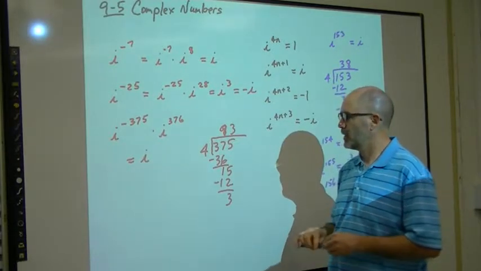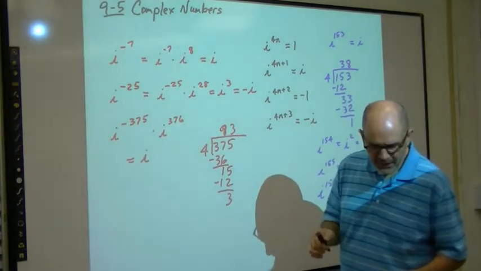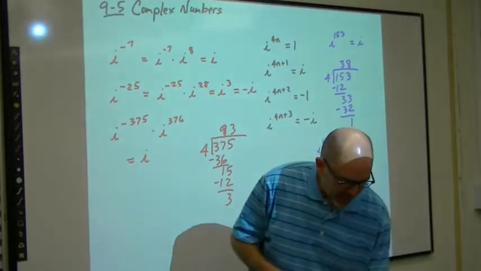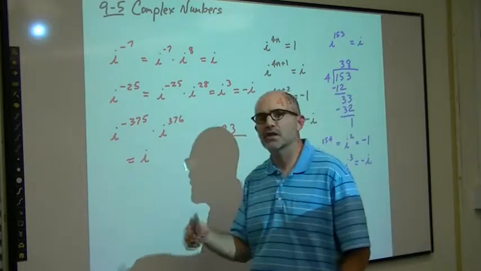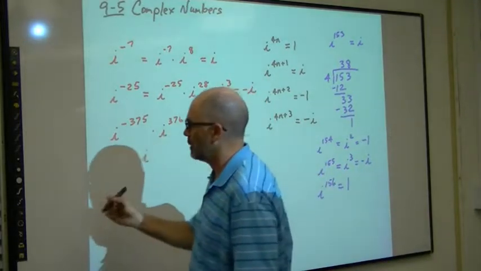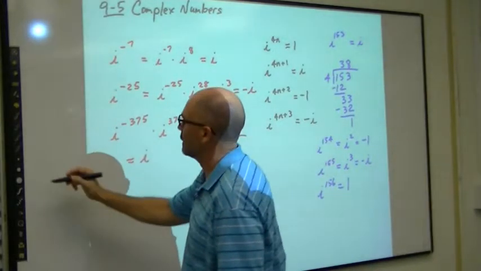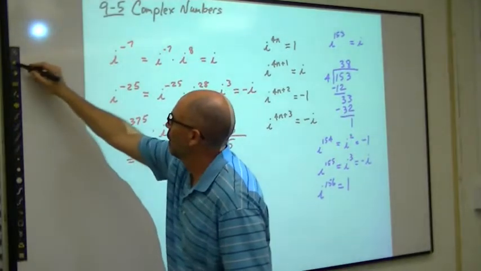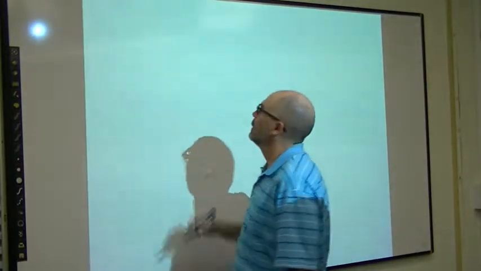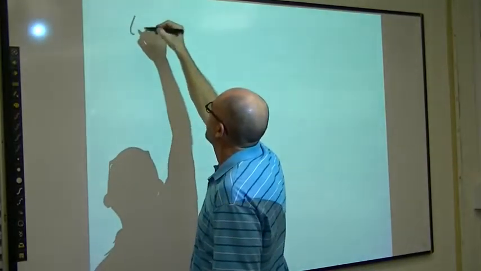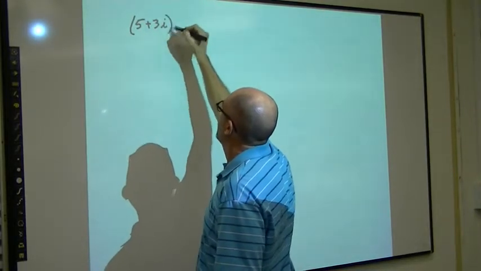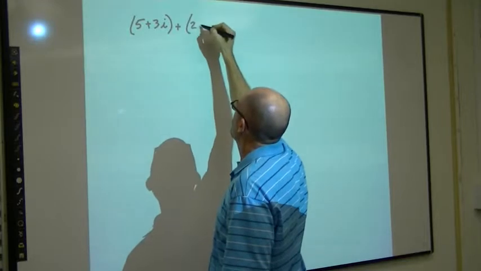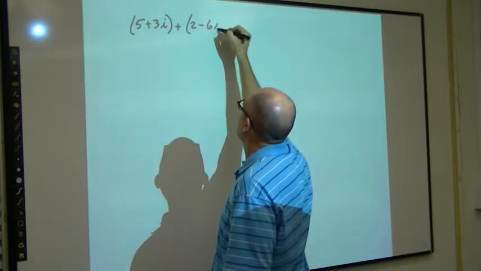Okay, so next thing, we're going to be simplifying complex numbers. Addition, subtraction, multiplication, division. So let's try that. So I've got 5 plus 3i plus 2 minus 6i.